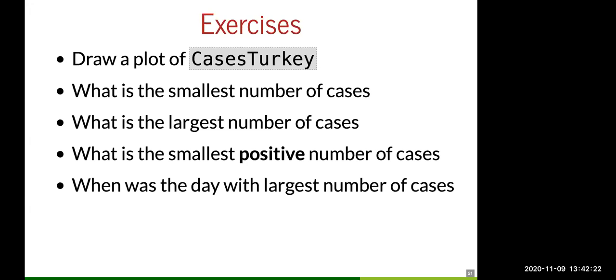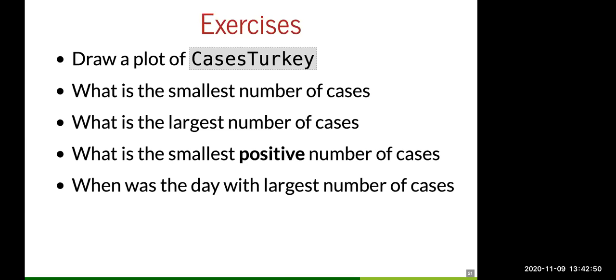Next question. What is the smallest number of cases? How do we find the smallest number of cases for Turkey? We are only working with cases Turkey. I can give you a hint.